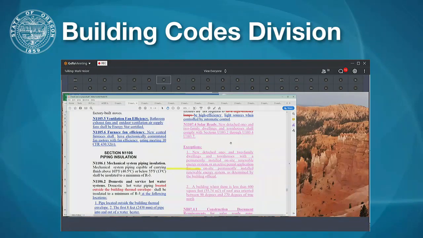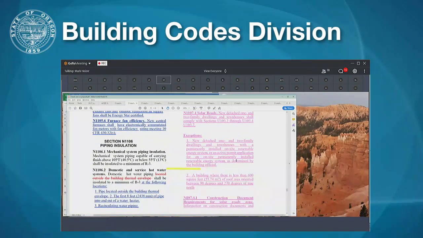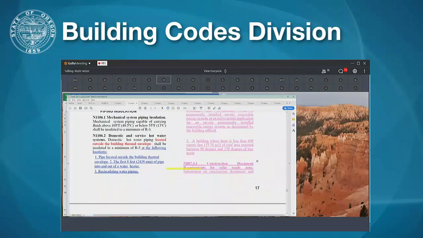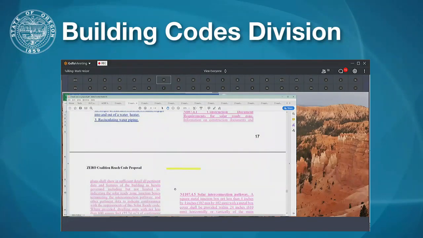David and the Zero Coalition more or less brought in, I'm trying to remember which code had it in Appendix U versus Appendix T, the current IRC solar ready path language. I know that we received comments from, I believe, OSEA, and I apologize for the other group.